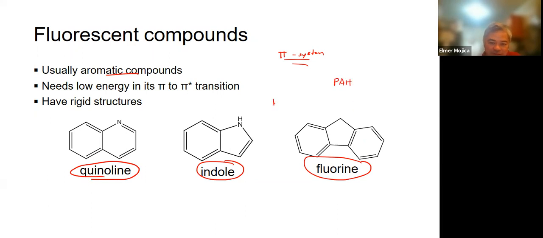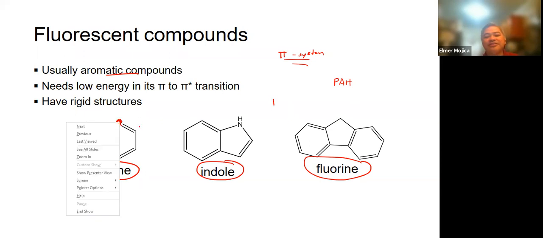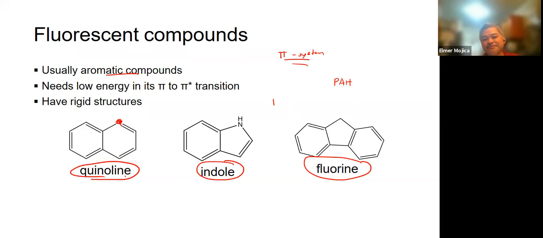So are you familiar? What do you call this if I'm going to replace this N with C? Anong tawag yan? Anyone? Ha?